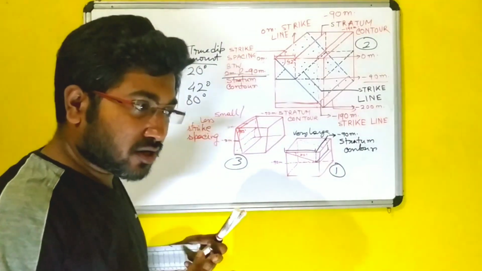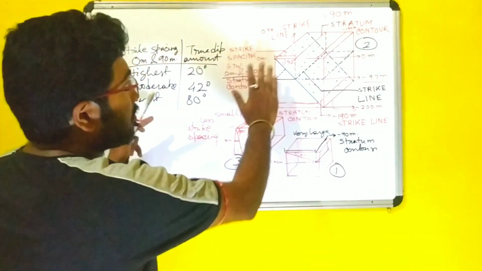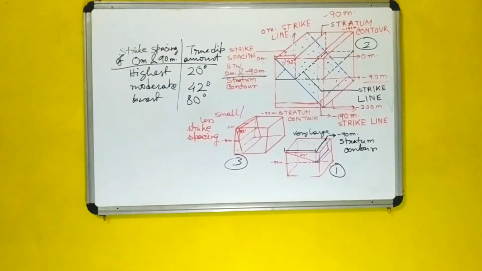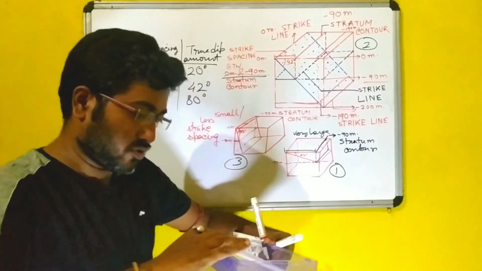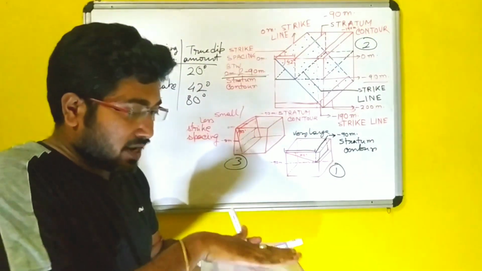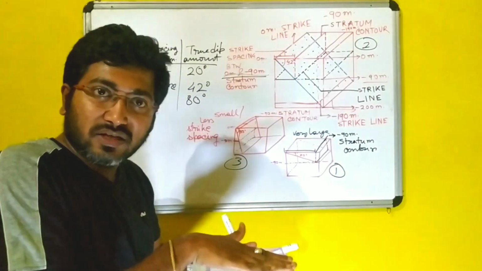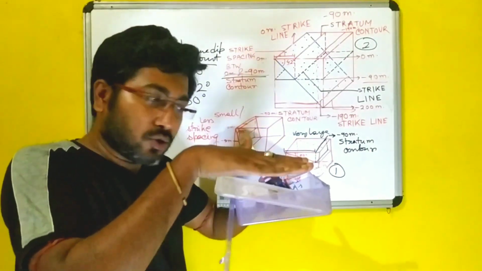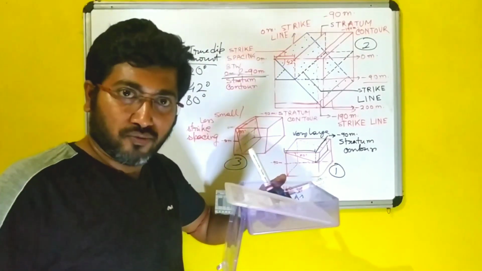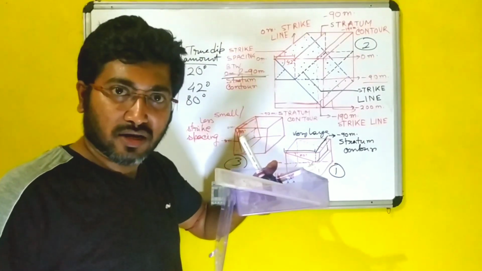We cannot construct in 2 dimension what is in depth. Suppose this is in depth, and in plane of paper we draw generally surface in plan view, so we cannot show the data of dip on the plan view in 2 dimension.